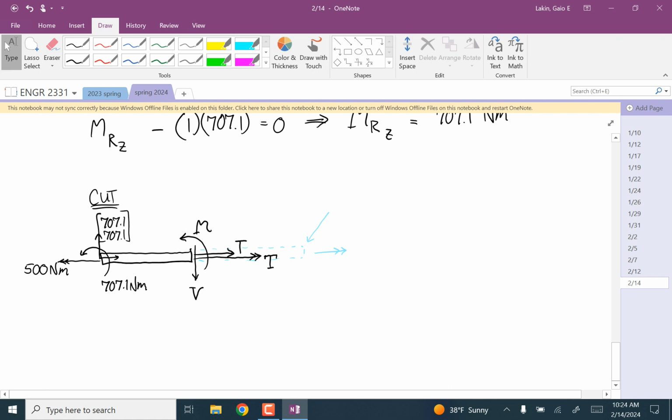All it's representing is a force vector and a couple vector. It's just choosing these crazy positive directions. Now, T and V make a force vector in the plane, right? They have a funny orientation.